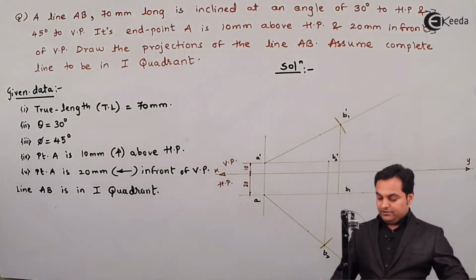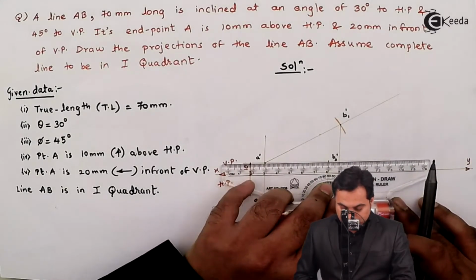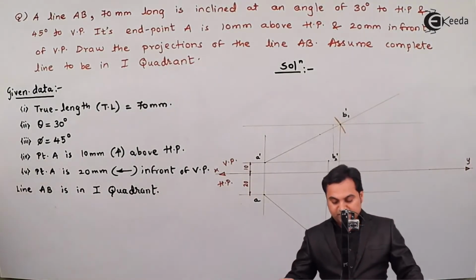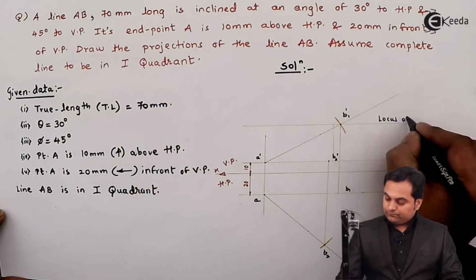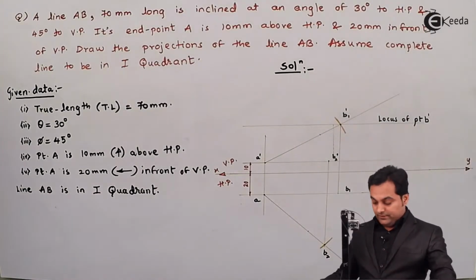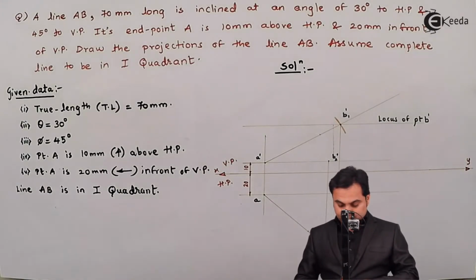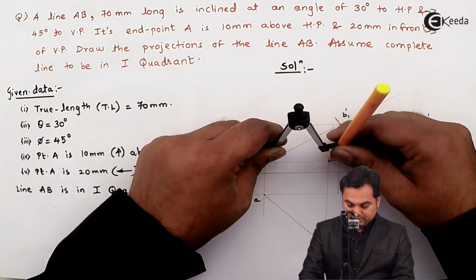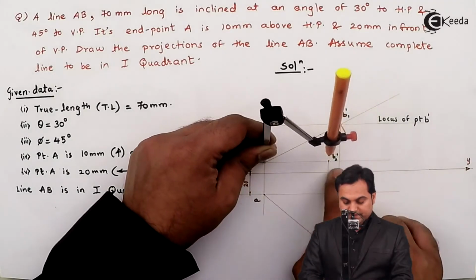Next, for the apparent shape, here I'll draw a light line through B1 dash, and it is called as locus of point B dash. Then I'll measure the distance from A dash to B2 dash, that is the top view which has been projected as a front view, A dash B2 dash.